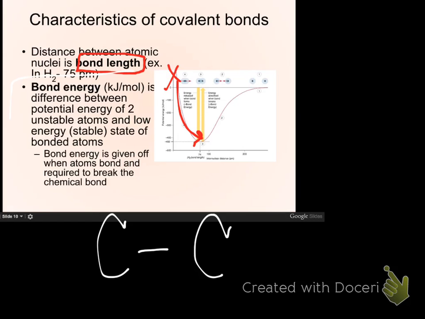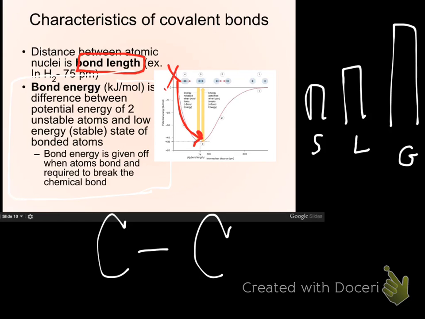So we can talk about bond length and we can talk about bond energy. Do you remember the metaphor that we used with solids, liquids, gases? We won't even go into plasmas. Where if water, for instance, goes from being a solid to a liquid, we have to put that much energy into it. If it goes from being a liquid to a solid, this much energy is going to fly off out into the world.